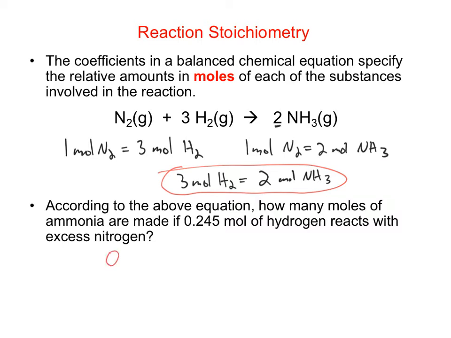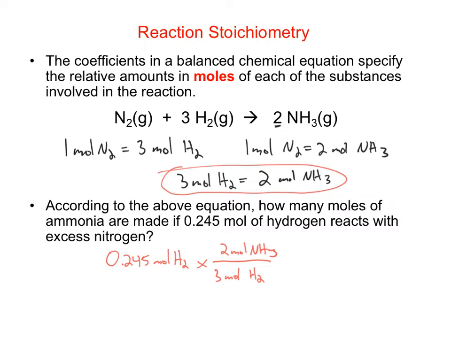I started with 0.245 moles of hydrogen. I want to know how much ammonia I'm going to make, and so I need the moles of hydrogen to go away. And so way back when we first started doing mass and mole conversions and atoms and mole conversions, I said that oftentimes it's helpful to not just write moles, but say moles of what? And I said it would become important to do that later on. This is where it becomes important.